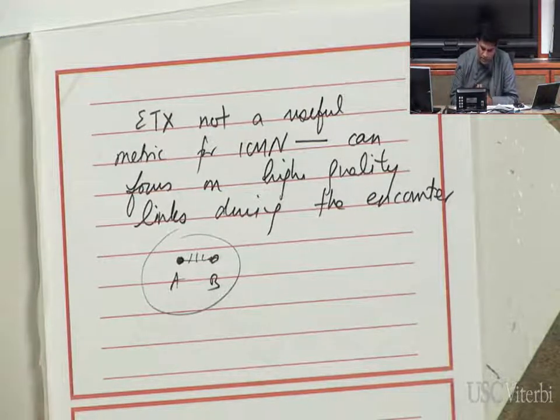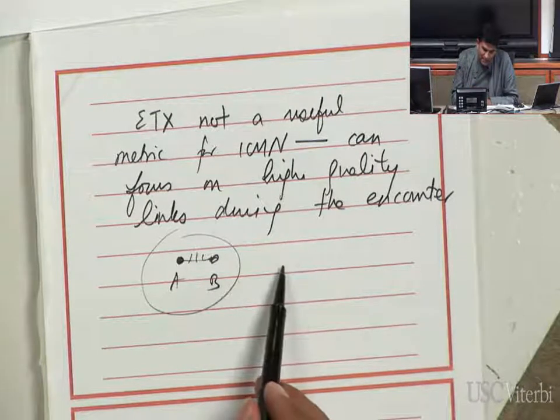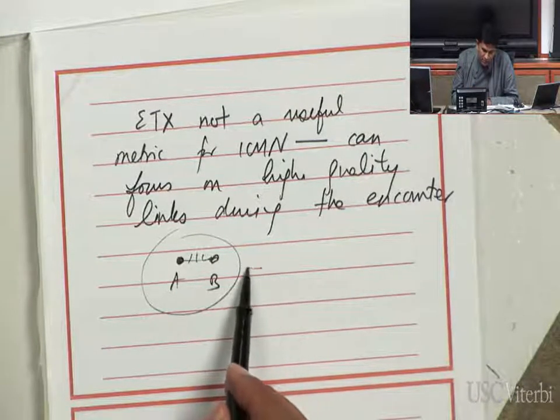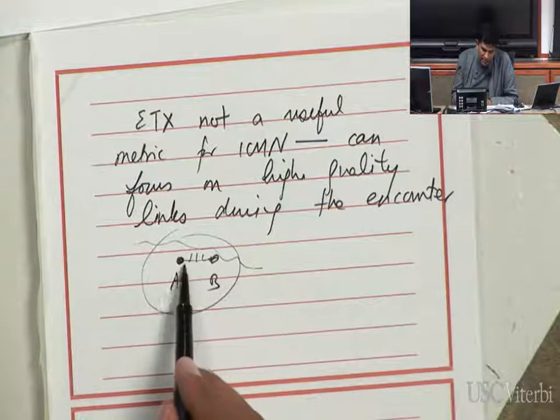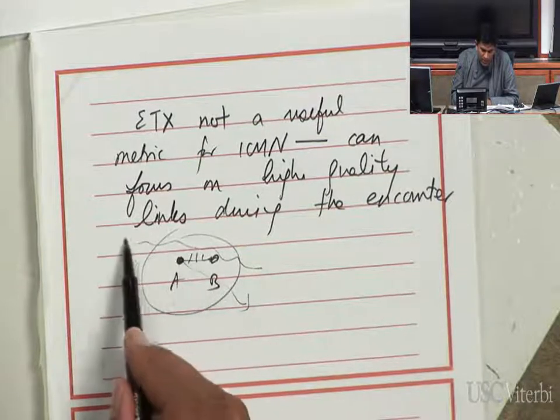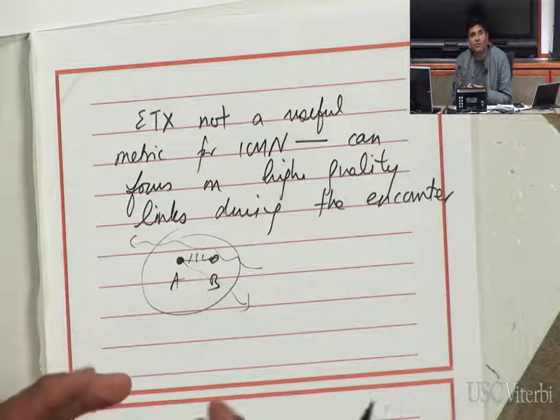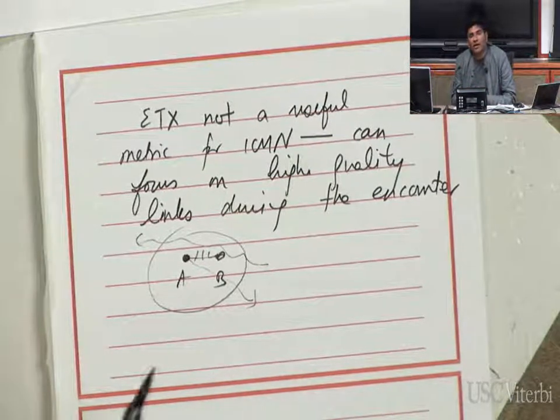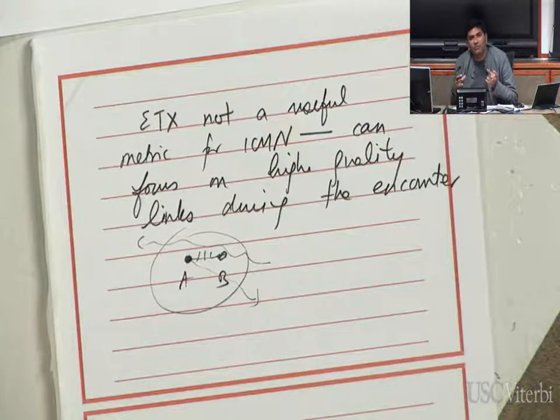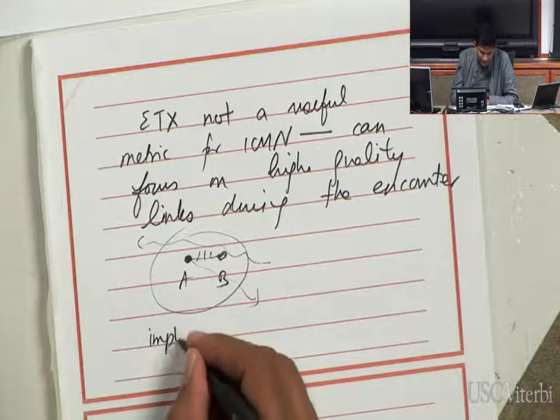That could be how I choose to define the encounter duration. Or I could simply take the expected total amount of data that I'm able to send between A and B as they're maybe both mobile and passing by each other for a period of time they're near each other. I can sort of take the sum total of packets that I'm able to send between them, and that's the total amount of content that I can transfer during an encounter.